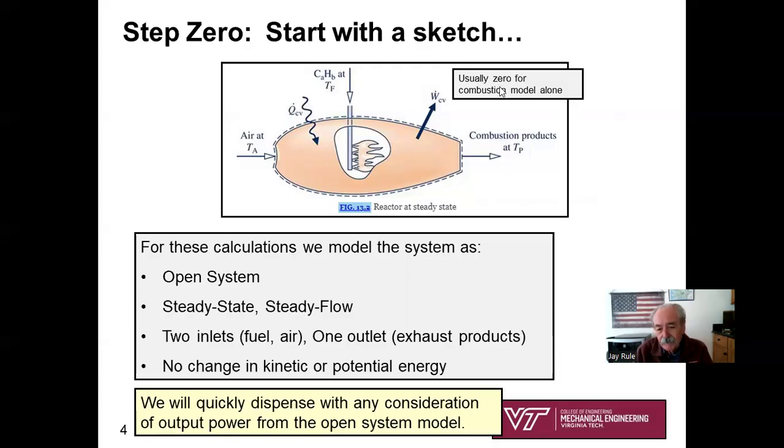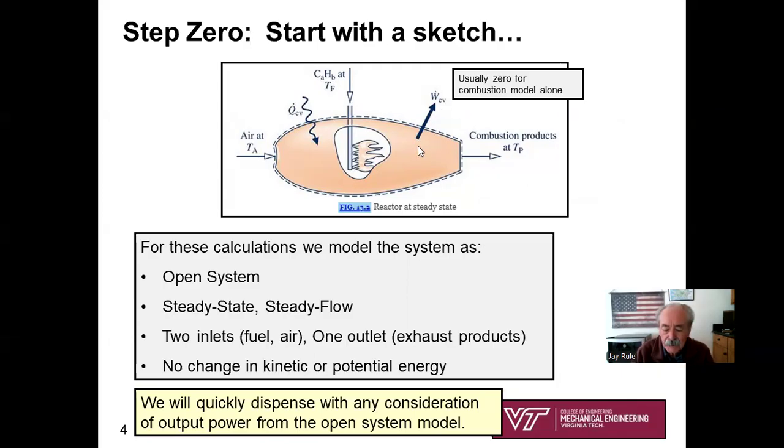Do you see that W dot, the output power for a mixing chamber that results in flame, results in combustion, is zero? This particular control volume is not lifting a weight. I don't see a shaft coming out of that control volume.